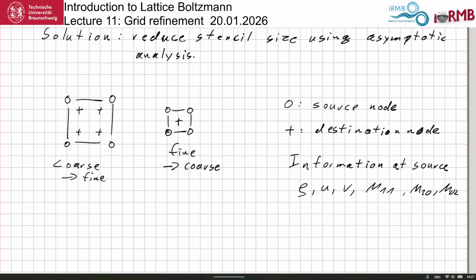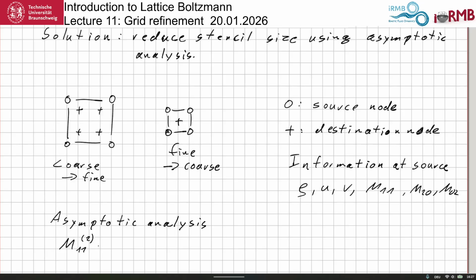So according to our asymptotic analysis, the pre-collision moments, so again we use pre-collision moments to avoid any singularity.